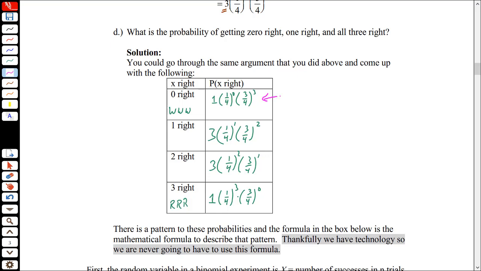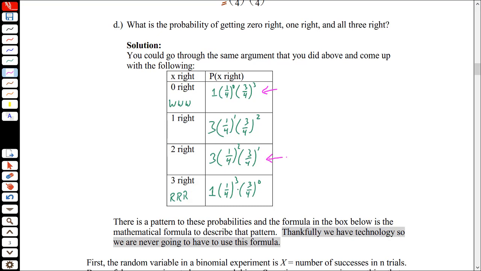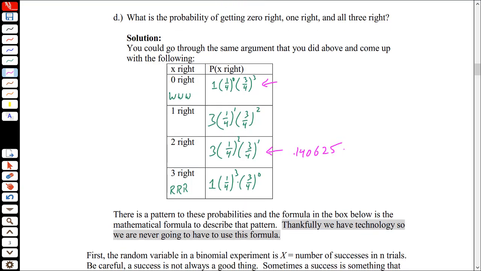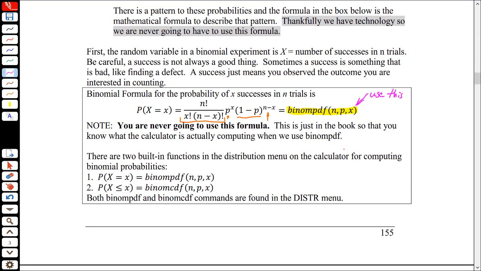So for example, for this 2 right example, we have 3 times 1/4 squared times 3/4 to the power of 1, which gives me 0.140625. In order to find this out on the Binomial PDF, first we need to explain what some of these pieces are.